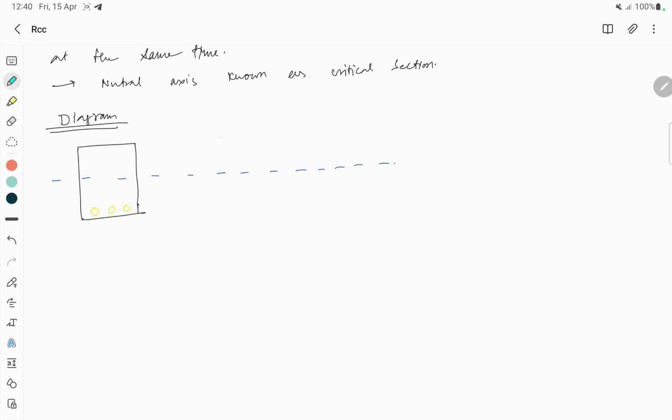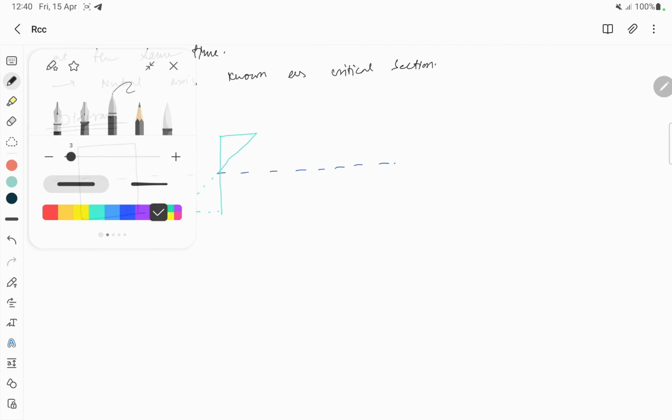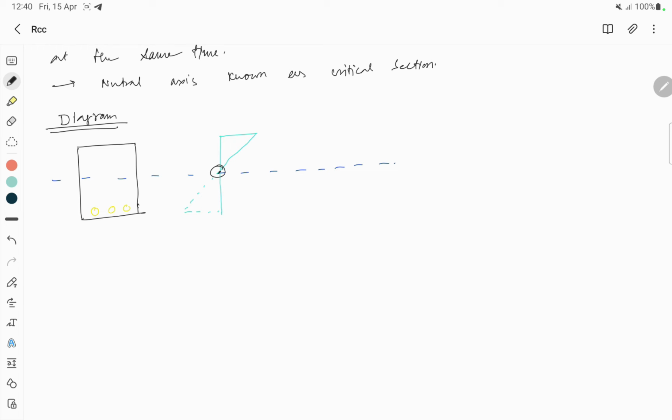In balanced section, this. And this is your neutral axis. This is known as your critical neutral axis. That's it. This value is your nc. This whole value is d. So this value is your d minus nc.